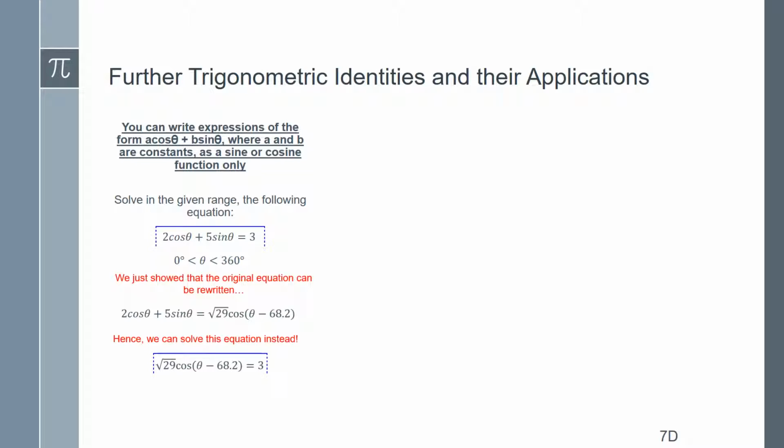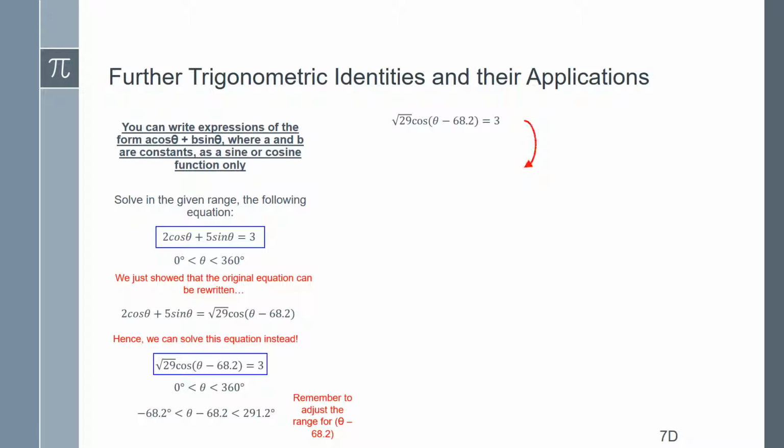Make that equal to 3 between 0 and 360. It's a new range, it's theta minus 68.2, so we've got to adjust the range. So now we're looking for solutions between minus 68.2 and 291.2.